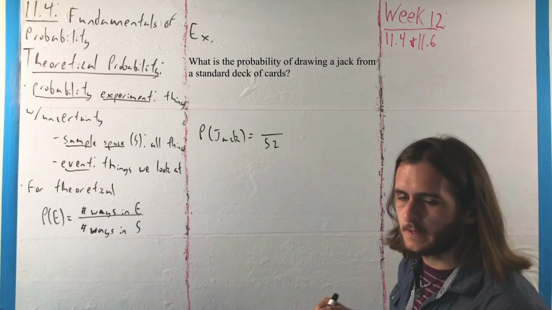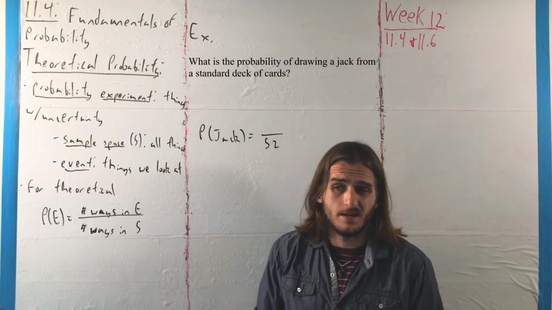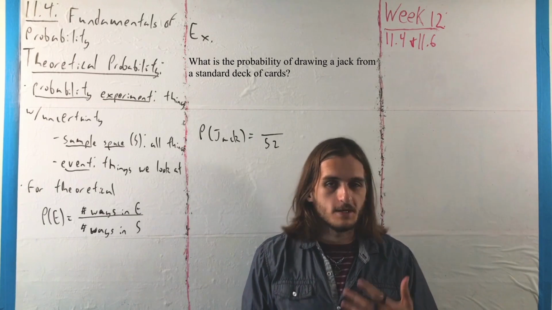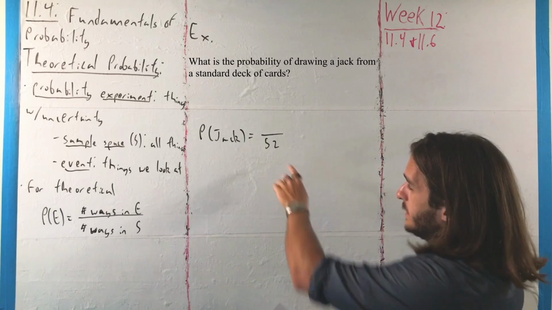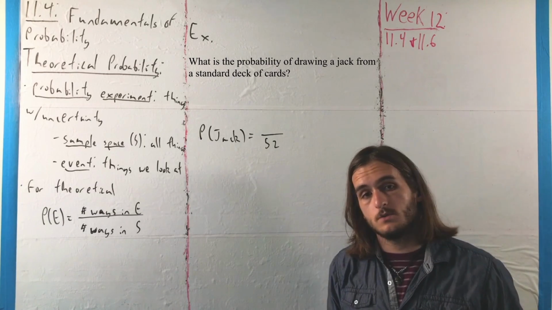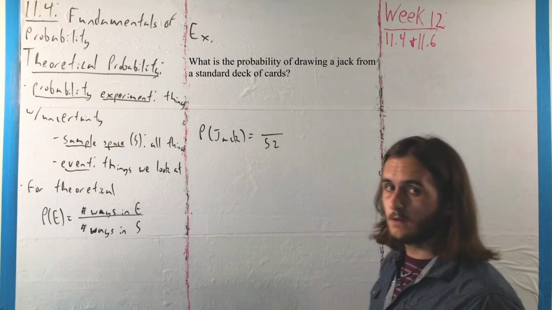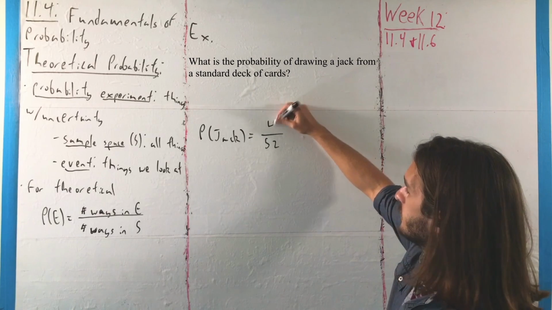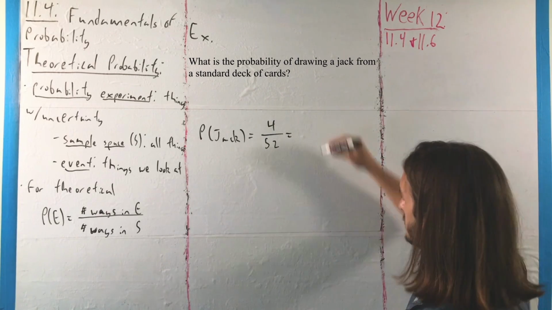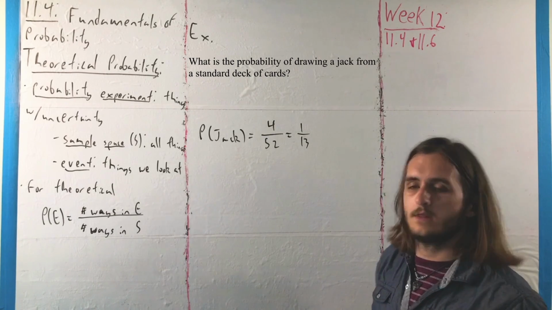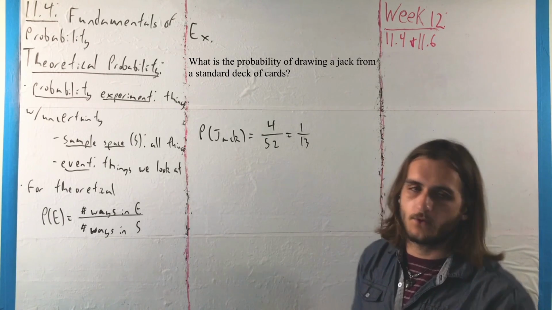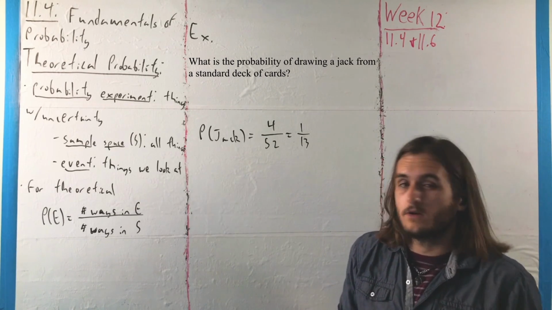It always surprises me a little bit how few of you have done anything with playing cards before when I teach these things. But as I said, they're classic examples. They're good to work with for these, where out of 52, in each suit, we have 1 jack, 4 suits, 4 out of 52, or if you prefer, 1 out of 13, because you can think of this as saying, I want the jack from one of the suits, because that's the same sort of question here.